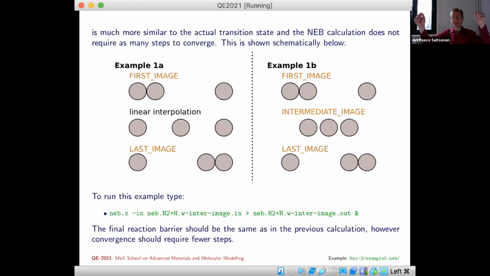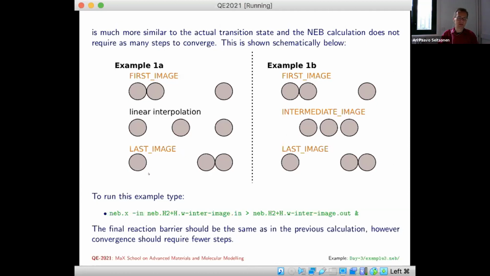Now, if you take the linear interpolation, you have a direct line, and the two atoms would come very, very close. So in this case, the linear interpolation would not work, and you have to go to something like an intermediate image. So it depends again on your system. You might be forced to use this.